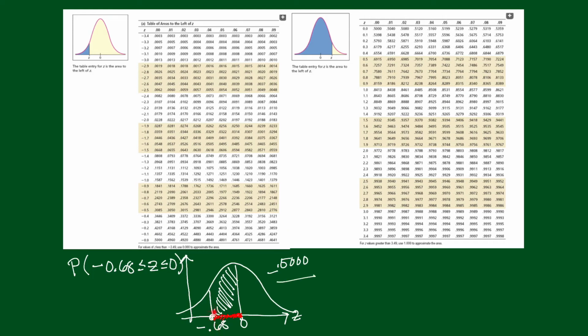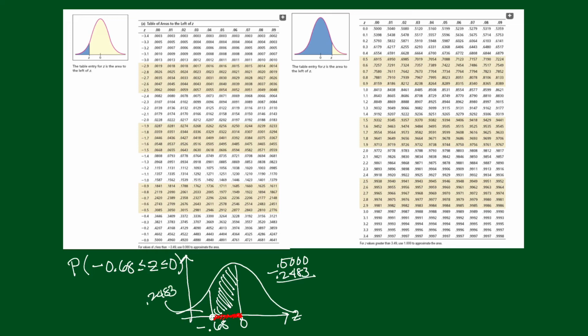So look for negative 0.6 over to the 8 column. I think that's the 8 column. Did I get it? Yeah. All right, so negative 0.68 is 0.2483. So that area right there, that's the 0.2483.